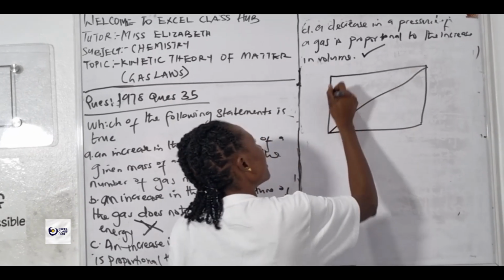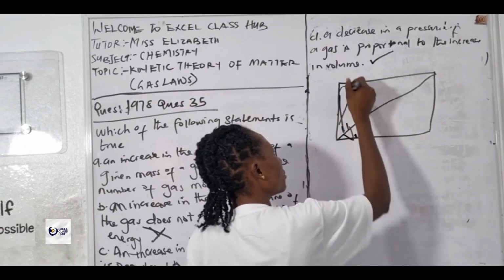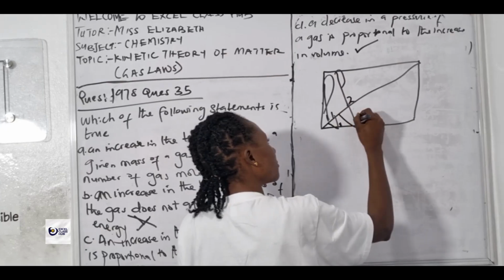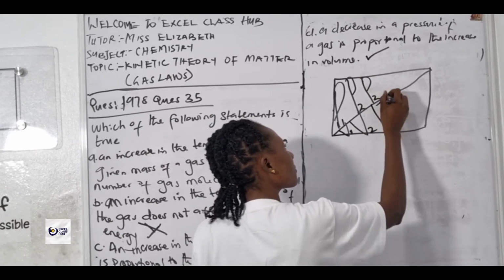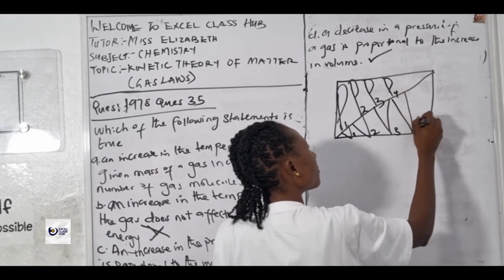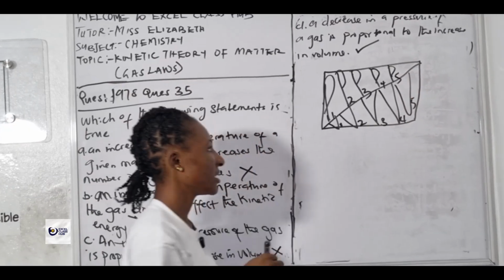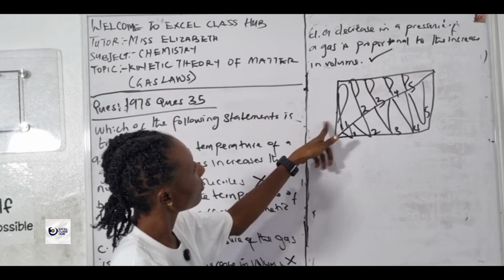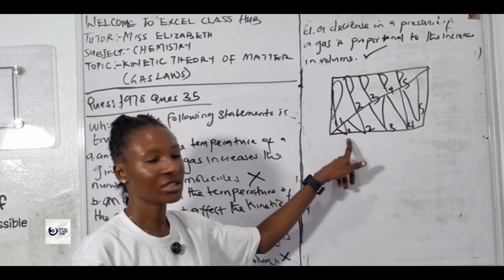This proves Boyle's law, which I gave this graphical representation of the other time. I said the higher the volume, the lower the pressure; the lower the volume, the higher the pressure. From this representation, you can see that when the value of P1 increases, the value of V1 decreases.